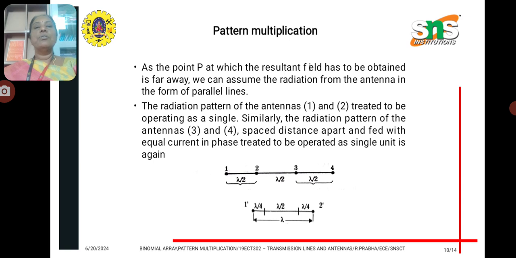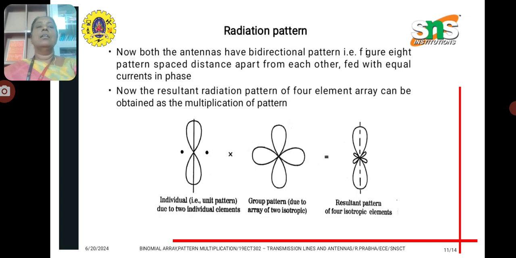So now we have to check the radiation pattern of the group antenna, that is antenna 1 dash and 2 dash. Here the radiation pattern has 4 lobes. The resultant pattern is the common area, which is the 8-shaped area, and here we have 4 minor lobes.